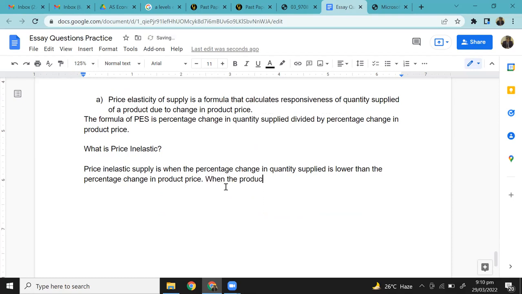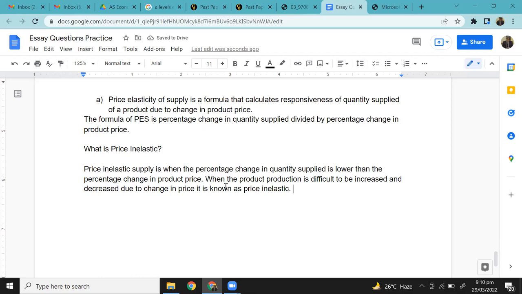The product production is difficult to be increased and decreased with a change in price. It is known as price inelastic. Any confusion so far? So we have also defined what price inelastic means.